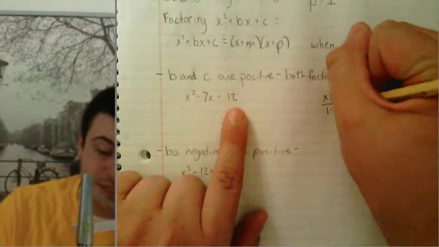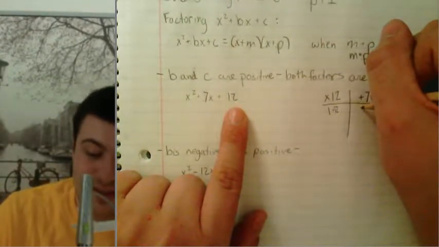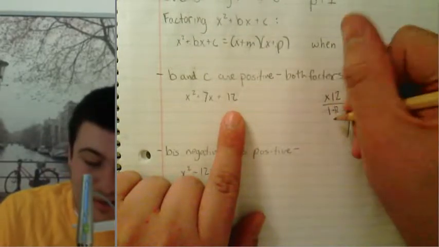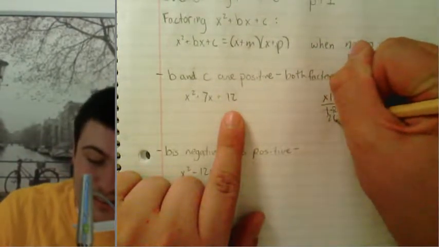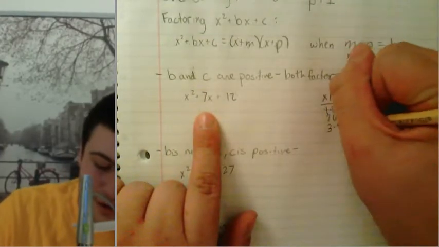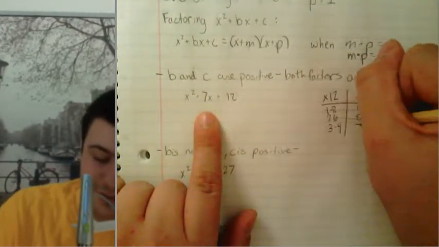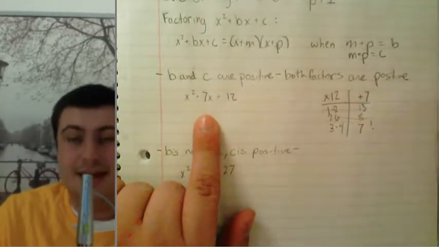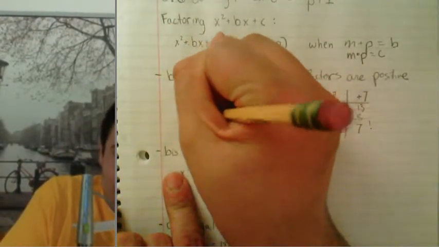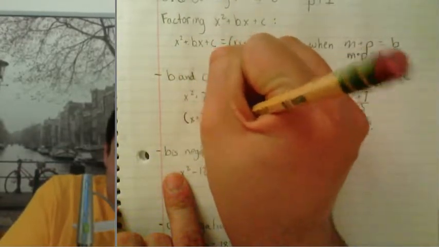We can try 1 times 12. That equals 12, but it adds to 13, so that's not what we're looking for. Maybe 2 and 6, but that adds to 8, and that's not 7. What about 3 times 4 is 12, and 3 plus 4 is 7. Yay! So this trinomial is going to factor to x plus 3 times x plus 4.